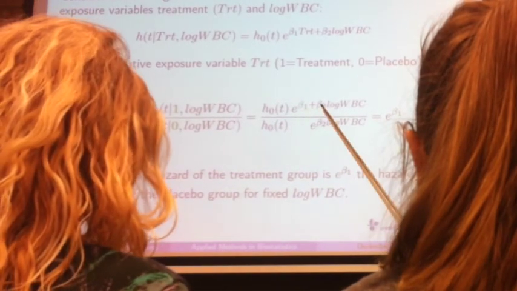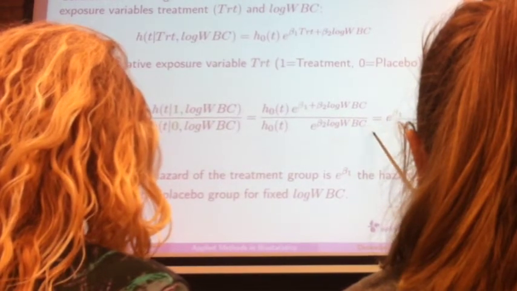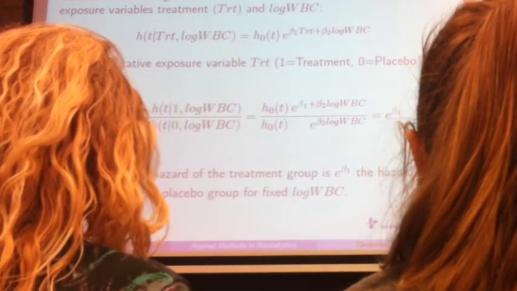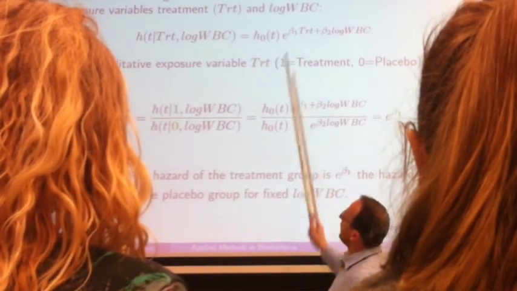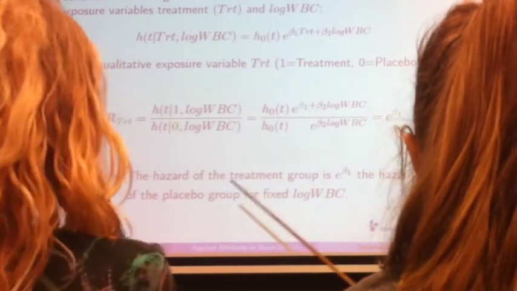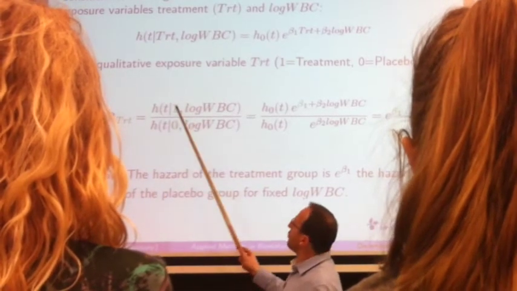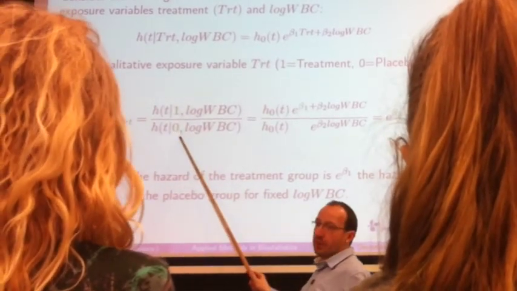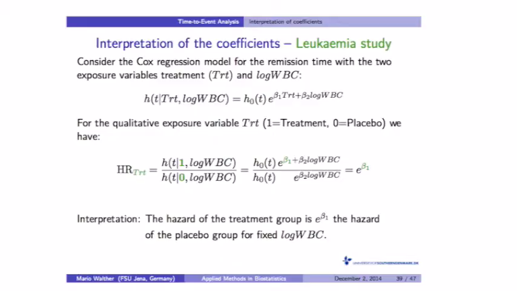These two expressions can be cancelled out, and it remains e to the power of beta 1. So you get an expression for the regression coefficient beta 1. That means e to the power of beta 1 is the hazard rate ratio to relapse in the treatment group compared to the placebo group, adjusted for the logarithm of white blood count cells.